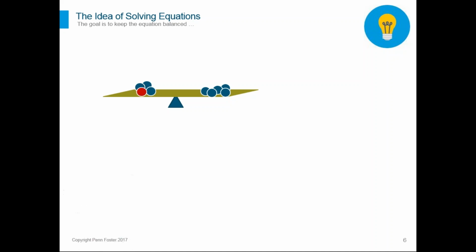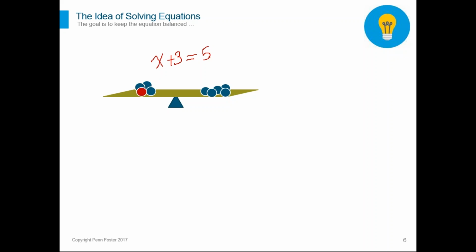If I want to write an equation, we said the red ball is an x, so we have one x, and also added to that we have three balls, and the blue balls are just numbers. So x plus 3 equals, because the system is balanced, 1, 2, 3, 4, 5 on the right-hand side. So x plus 3 equals 5.